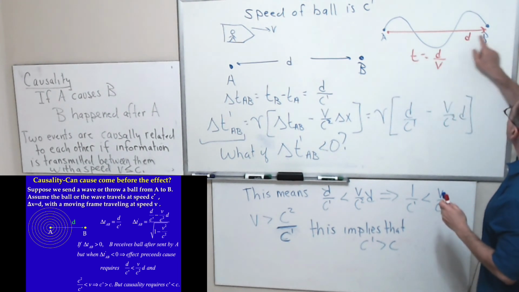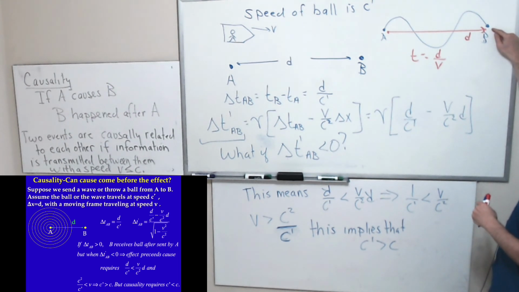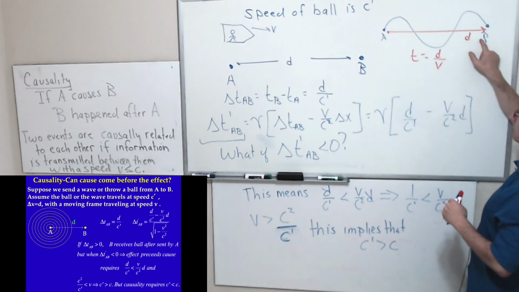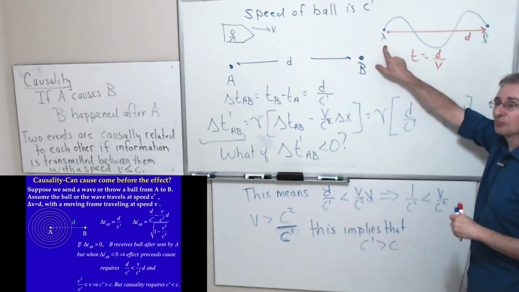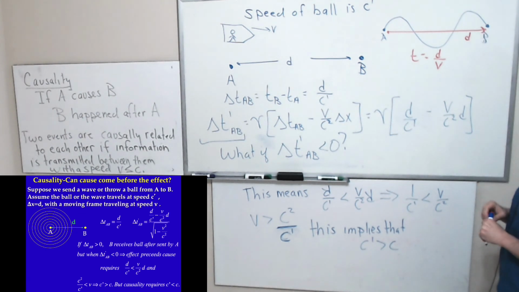By the time the wave gets here, then this point will start to oscillate. So it takes this much time for point B to receive the information from point A, for point B to start oscillating up and down.